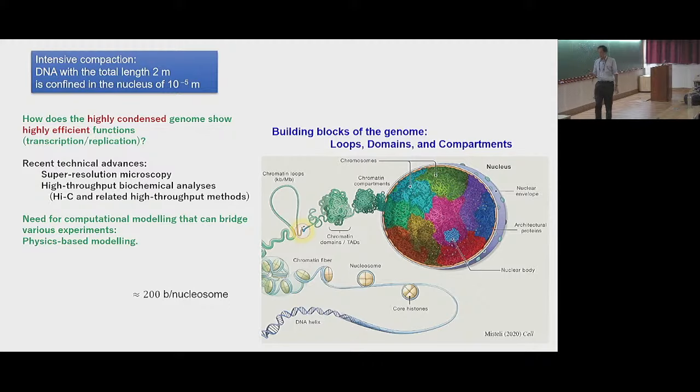In particular, high throughput biochemical analysis, including Hi-C, contributed greatly to revealing these structures. And we need to develop computational models to understand these different experimental data in a unified way. To do that, we need to understand the physical principles of genome organization.